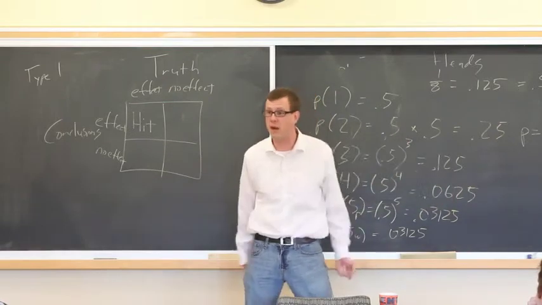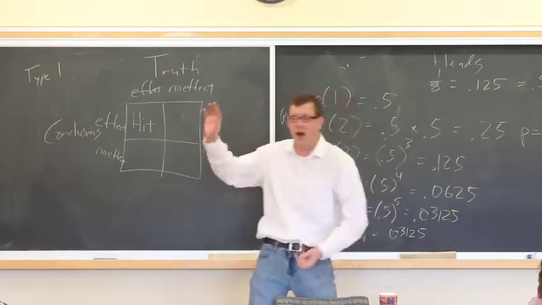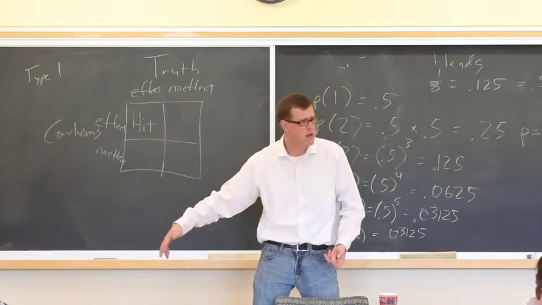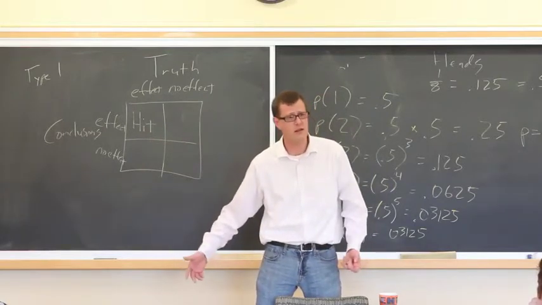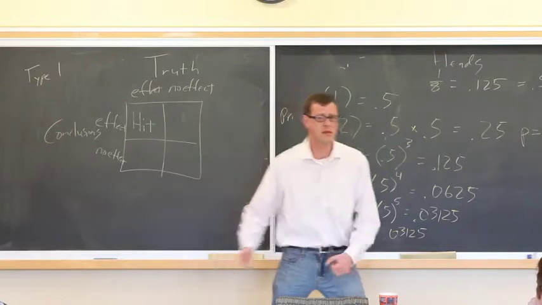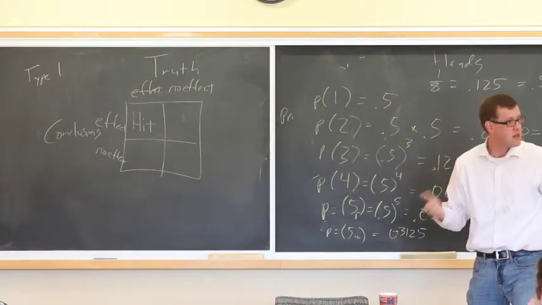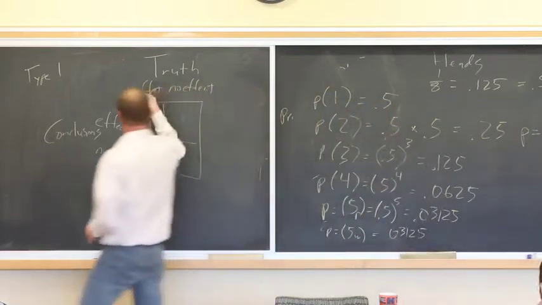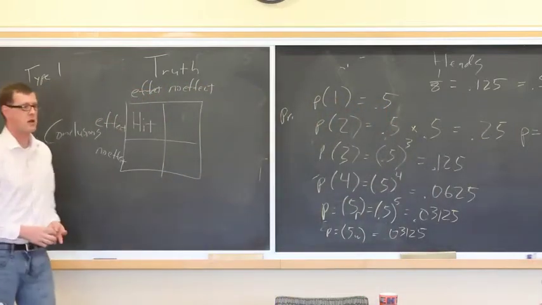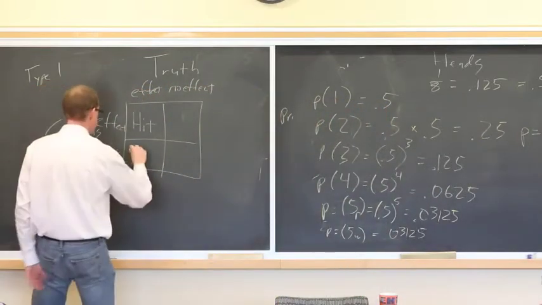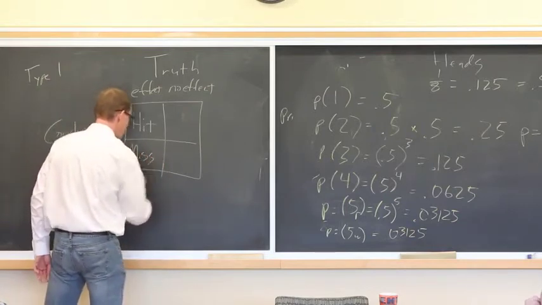Or let's say there's no fire, but I'm like, holy crap, there's a fire. Did I miss the fire? I invented it. So what's a miss? Think of miss. What happens when you miss? There's something there and you don't say it. So a miss is when there is an effect, but you missed it. You didn't say that there was. So this is the miss.